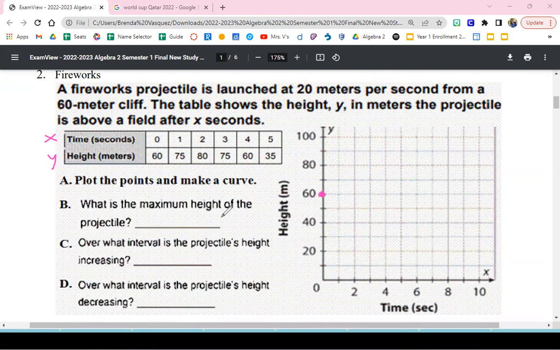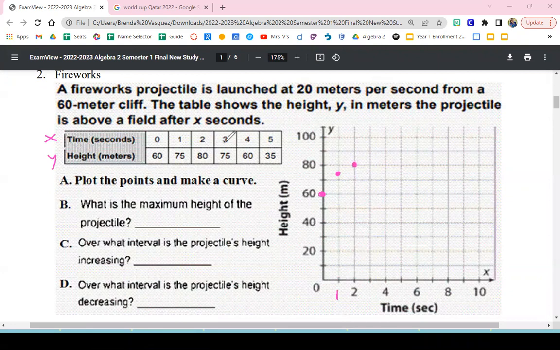What is my next height on second number 1? 75. So I'm going to go ahead and go on to the first second, and I'm going to mark 75. So it's going by tens. So this is 70 and 5. Right in between 70 and 80. Next one we have 2 and 80.